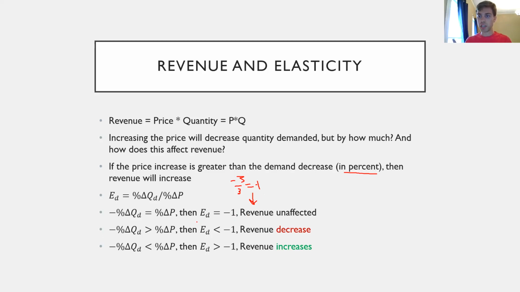We could also have the percent change in quantity demanded being greater than the percent change in price. And this is when elasticity is less than -1. This is going to be a scenario that decreases our total revenue because we're losing more in revenue from the loss of quantity of sales than we are gaining from the price increase on each unit of sales, right?